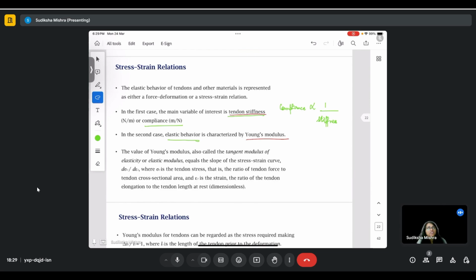Here, because it's a non-uniform setup, the Young's modulus is also known as the tangent modulus of elasticity or elastic modulus, which is essentially the slope of a stress strain curve. If your stress strain curve looks something like this, to compute your modulus, you need to draw a tangent, take the stress and strain values there, and you will get an idea of the elastic modulus.